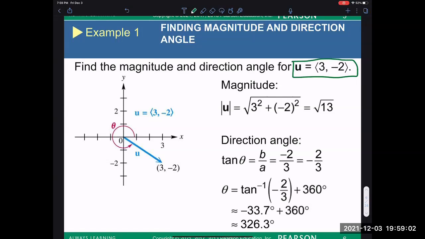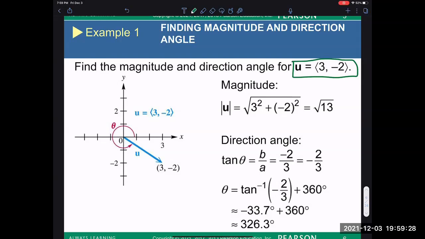And so we can look at this vector and think about what theta would be. Again, theta starts from the x-axis and rotates counterclockwise until you land on the vector, just like we had with points of circles when we were defining tan functions. And we can say, what is the magnitude and what is that angle theta?